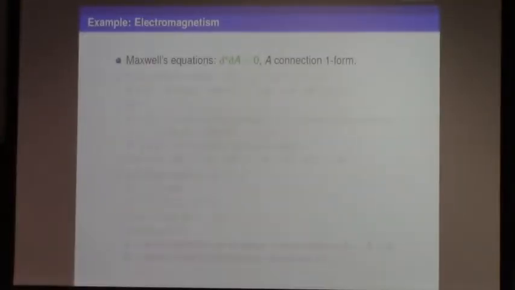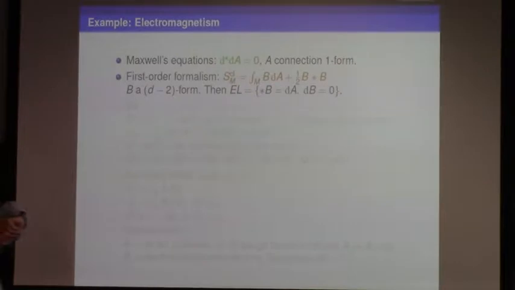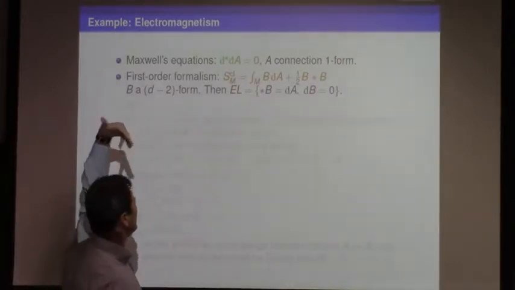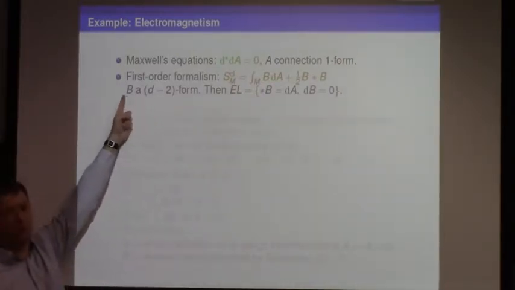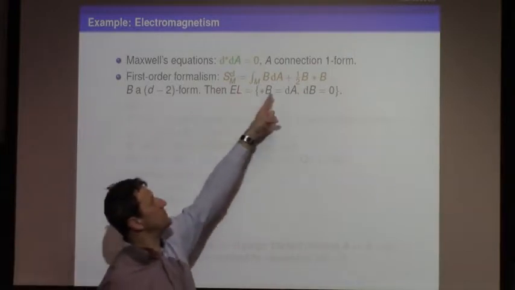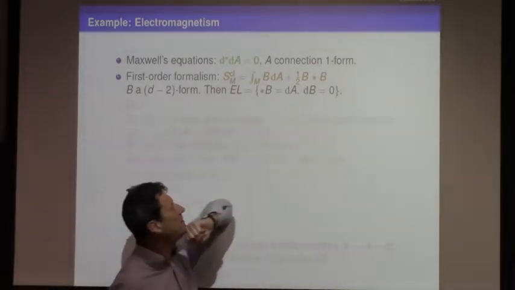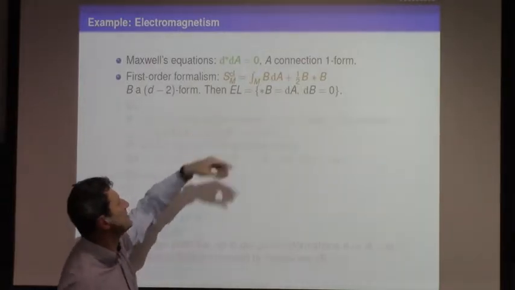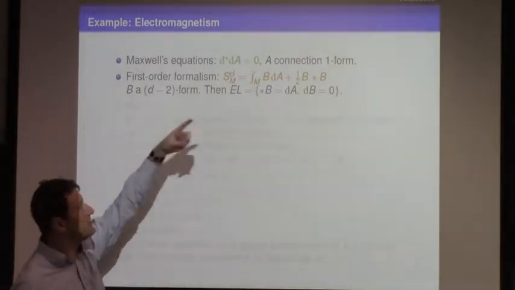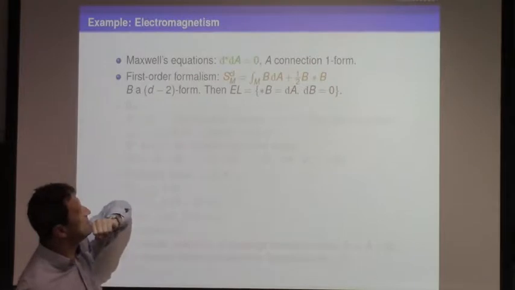And I prefer to use the first order form, as it's equivalent but simplifies the notation a little bit, so you can do everything in one transparency. So the idea is to introduce an additional field, a d minus 2 form B, and to write the action functional as B dA plus 1/2 B star B. If you look at the Euler-Lagrange equations for this action, you have two of them.